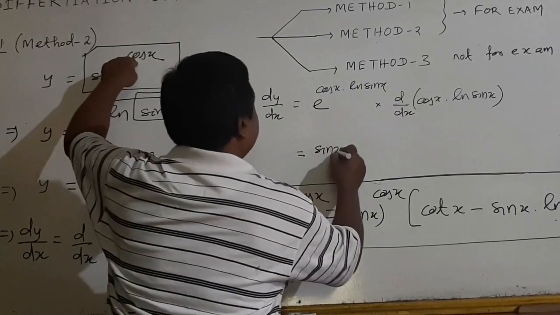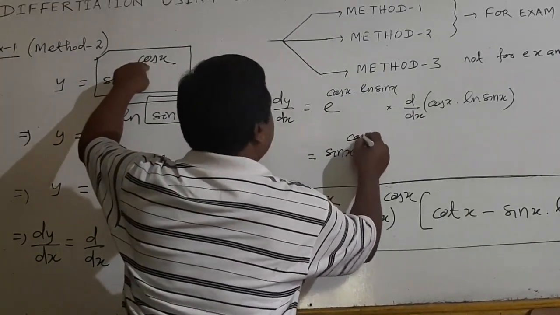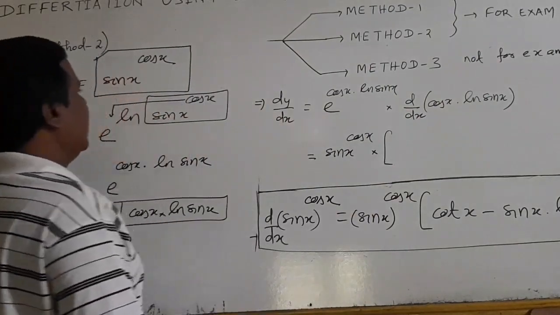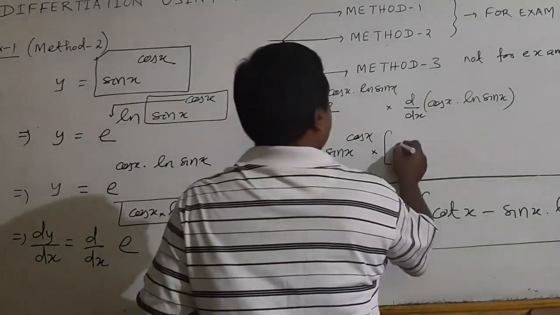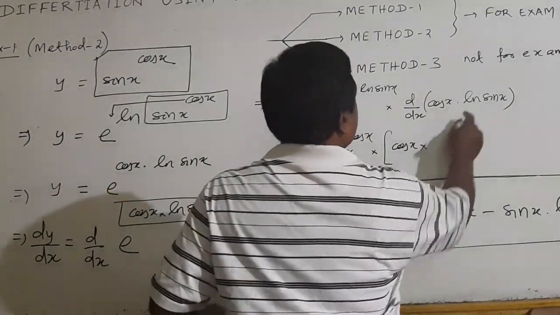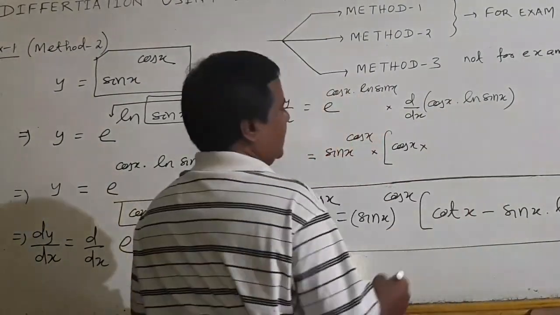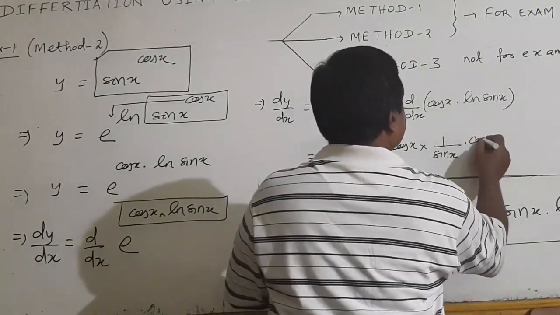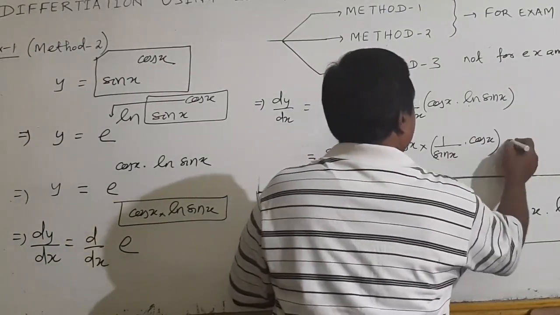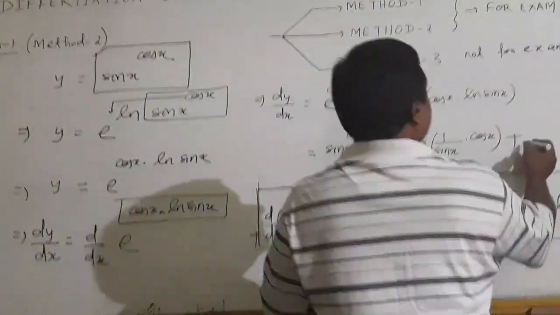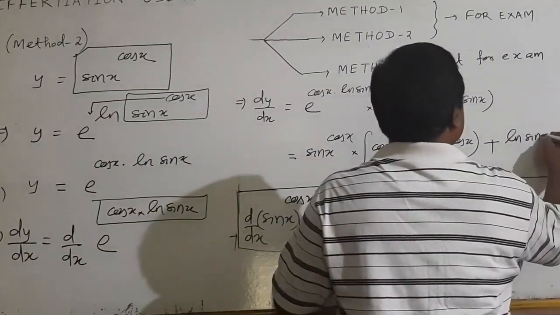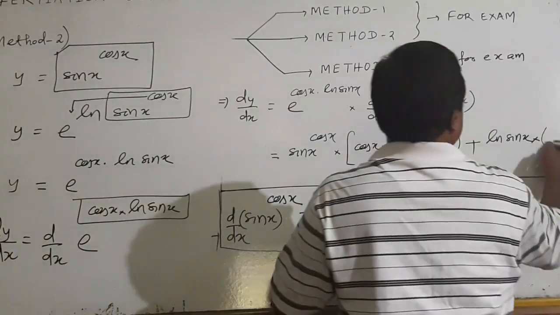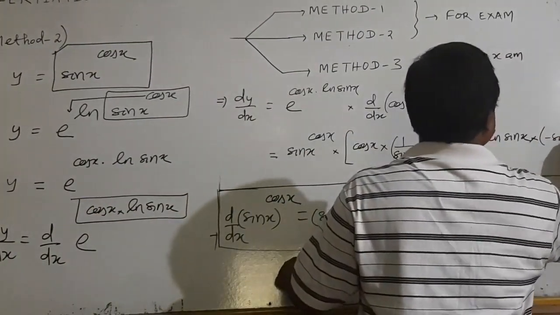So I am writing here sin x to the power cos x into the derivative of cos x into ln sin x. What is the derivative of ln sin x? 1 by sin x into the derivative of sin x, which is cos x, plus ln sin x into the derivative of cos x, that is minus sin x.